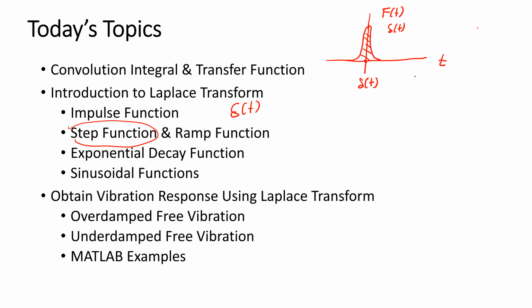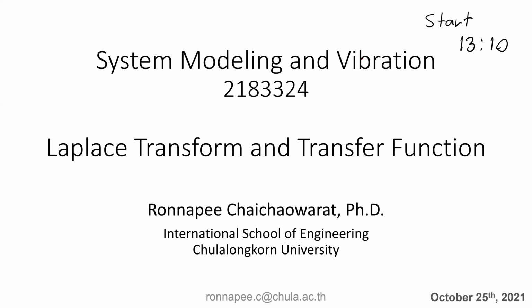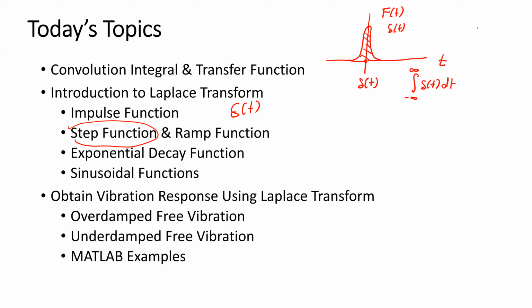For the unit impulse function, the integral from minus infinity to infinity of the function against time, the area under the plot of the Dirac delta function, has a value equal to 1. Here is the impulse function.